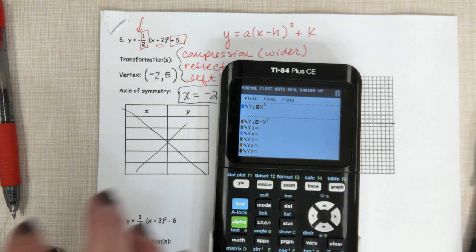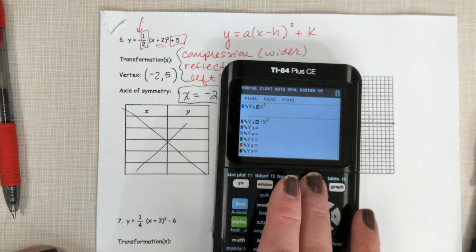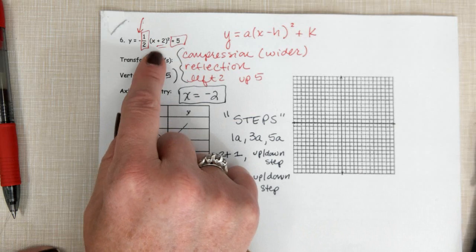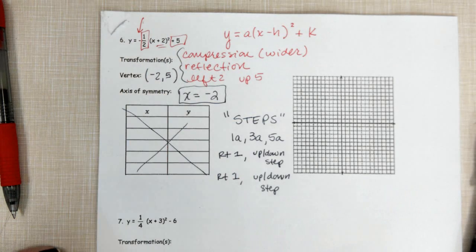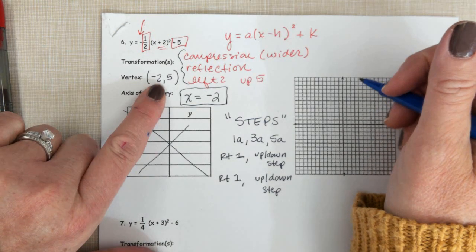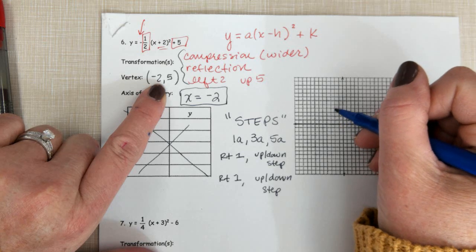But number 1, you won't have time. Number 2, a lot of times you have to change your window. And like I said, because these transformations will be in effect for everything, logs, exponents, it's just good to know it. So that's why. Okay, so this vertex is -2, 5.